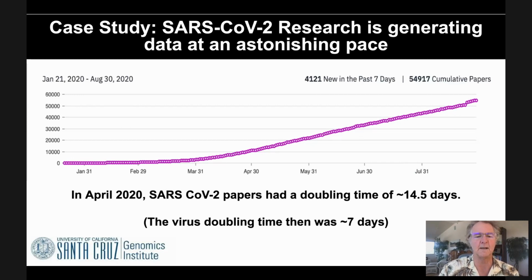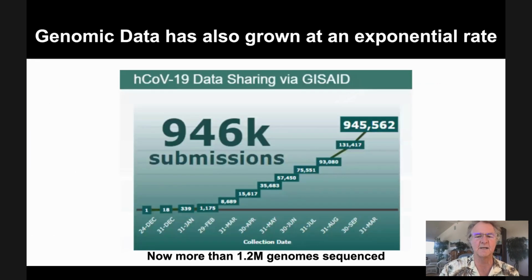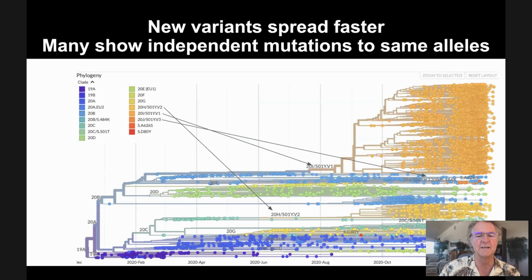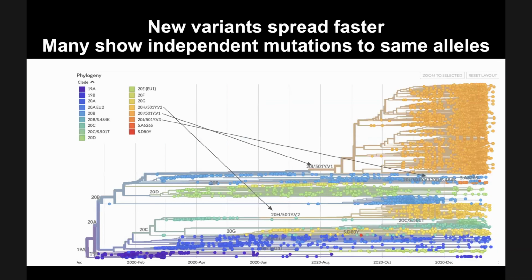So the last thing is SARS. As you know, the papers, as Patty described, the papers are exploding in terms of numbers. We now have 1.2 million genomes sequenced, and those data show the increase in variants dramatically. Here's the B1.1.7 growing very fast, but this actually broke all of the software that is being used to create phylogenetic trees.